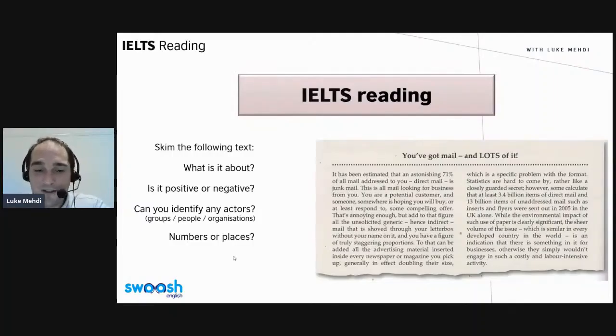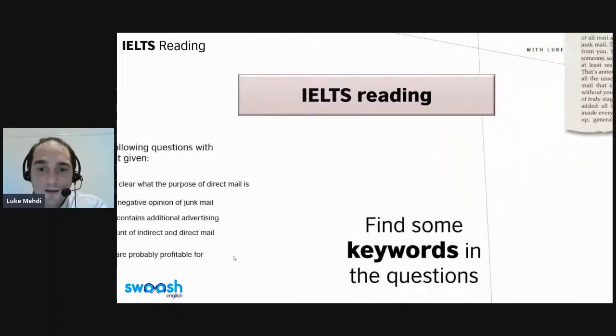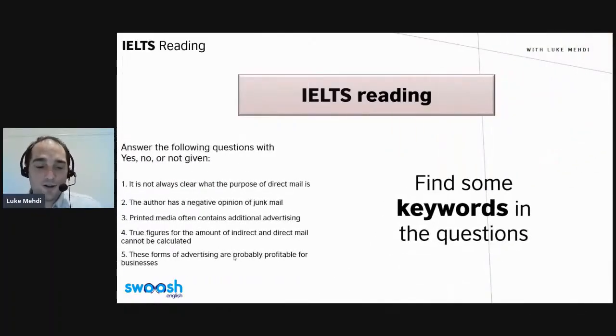So let's have a look at some questions. Now, when we're looking at questions, we want to find some keywords that are going to help us to find the answers. Okay, so I want you to read through these questions, questions 1 to 5. What do you think are important keywords from this question that will help you complete this task?